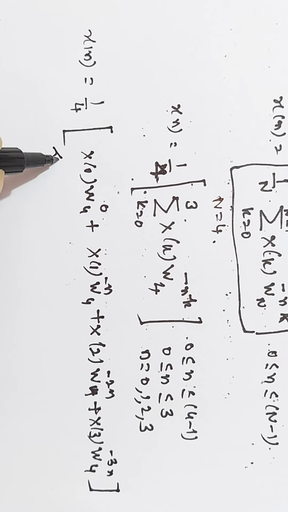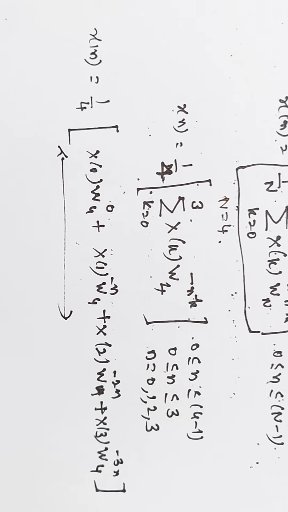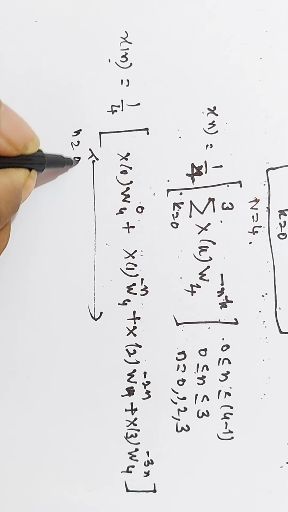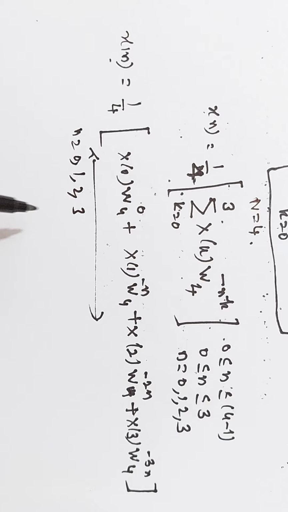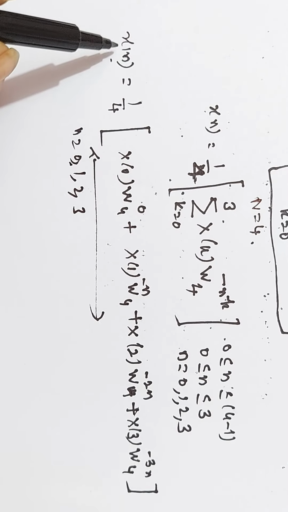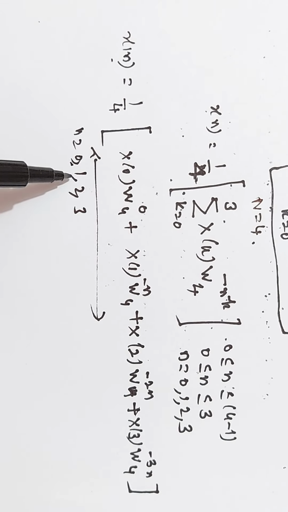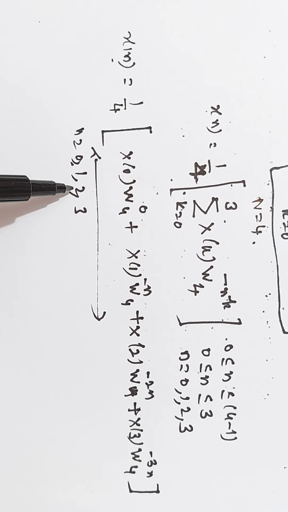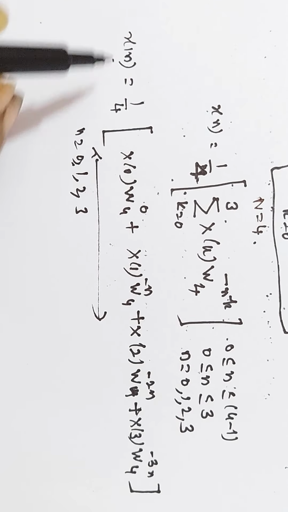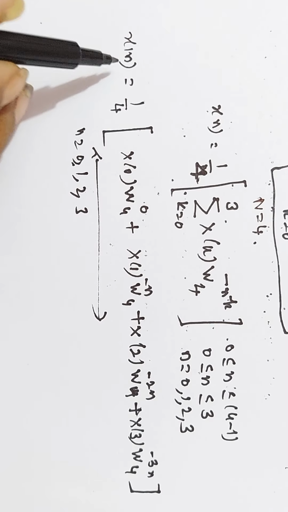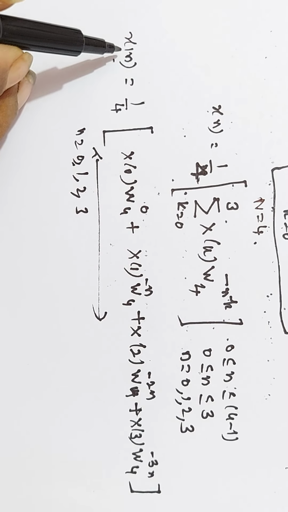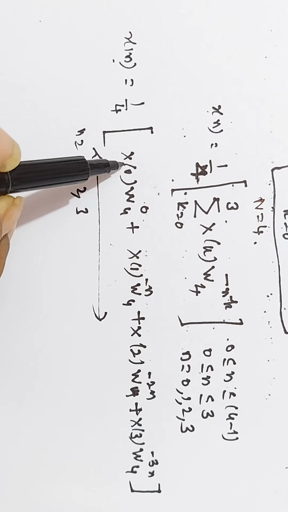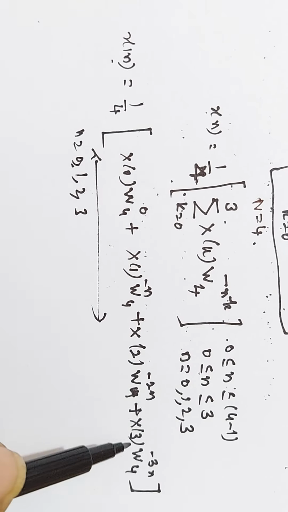By using this, you can calculate all the 4-point IDFT because n is 0, 1, 2 and 3. Putting n equals 0 you get the first sample, n equals 1 the next x of 1, n equals 2 the next x of 2, and n equals 3 the next x of 3. So x of 0, x of 1, x of 2, x of 3 are the 4 sequences of the given DFT.